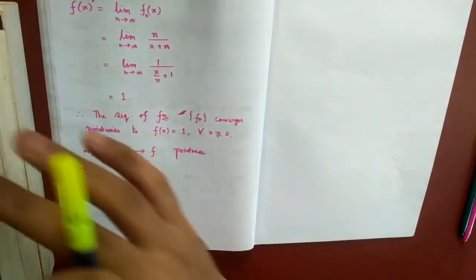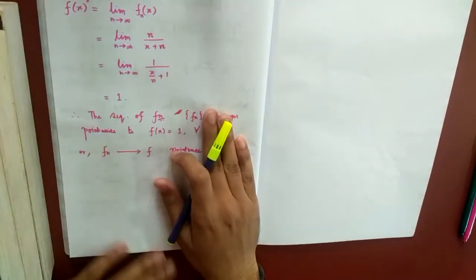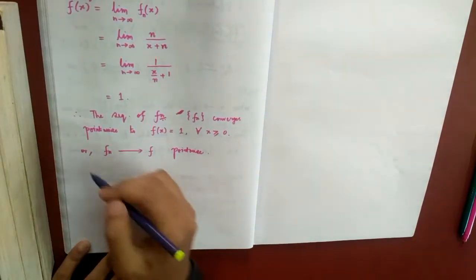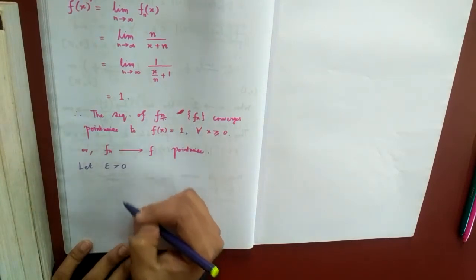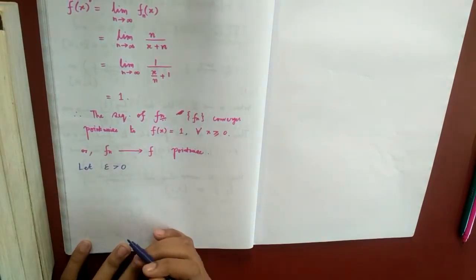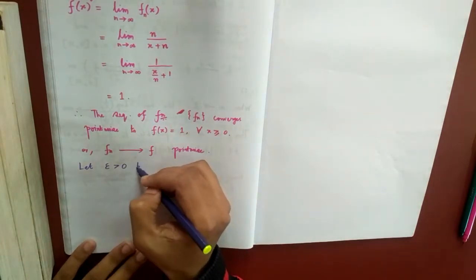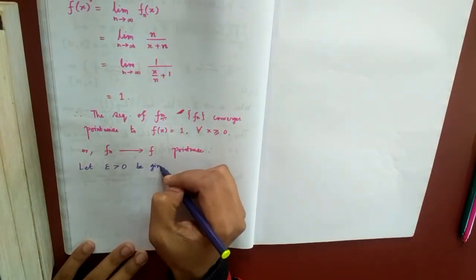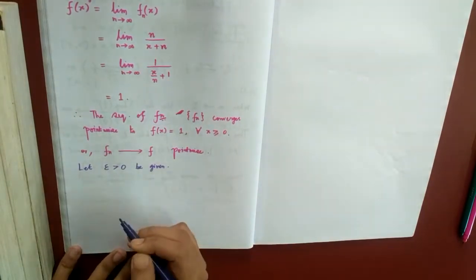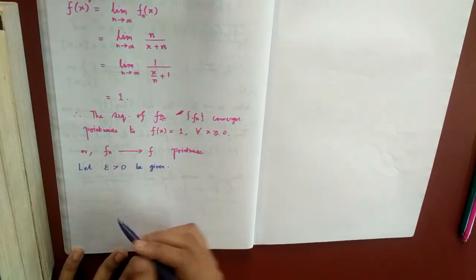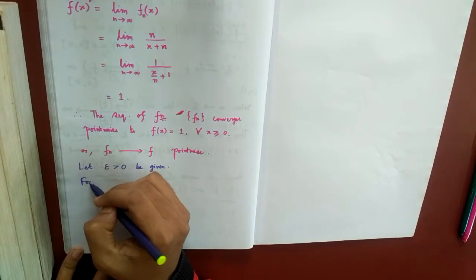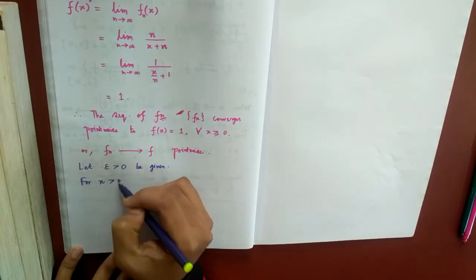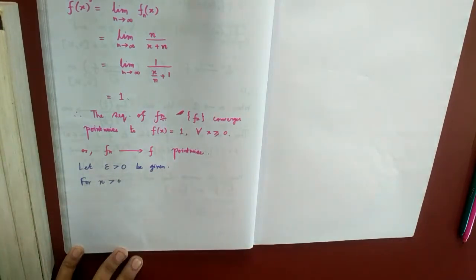So very simple. This is the first thing. Let epsilon greater than 0 be given. You have to choose any epsilon positive. So we have to find |f_n(x) minus f(x)|. Let me do it for the case when x is positive. For 0 we will deal with that differently, okay?